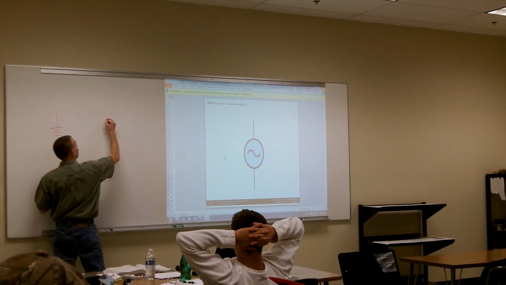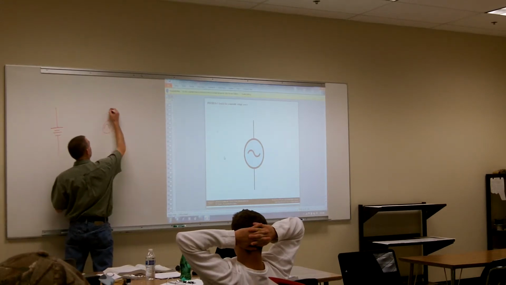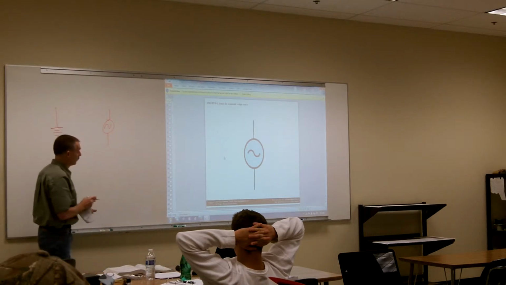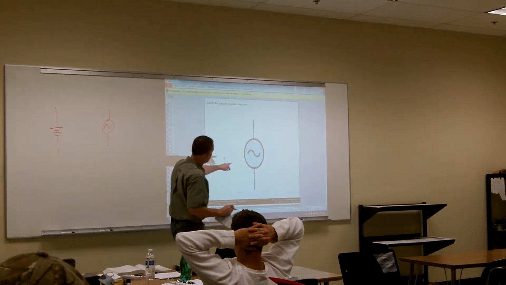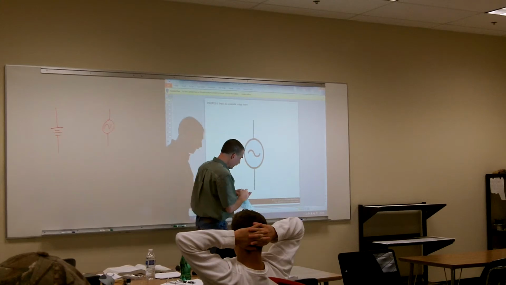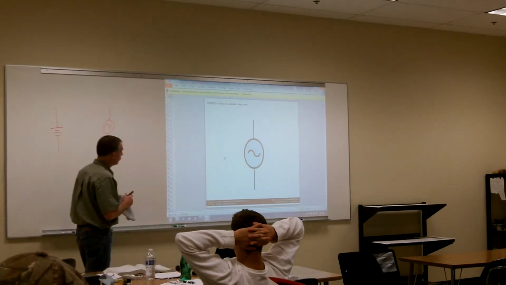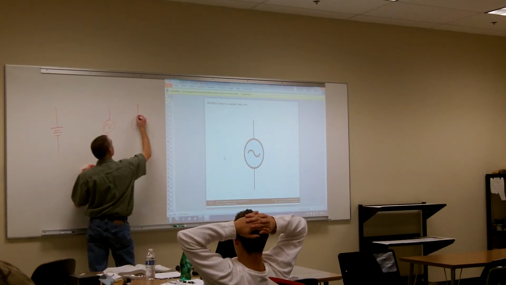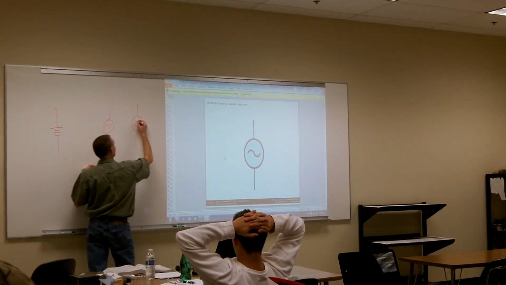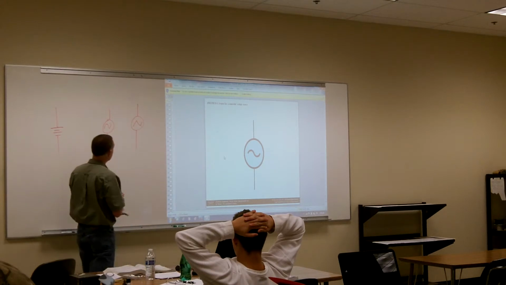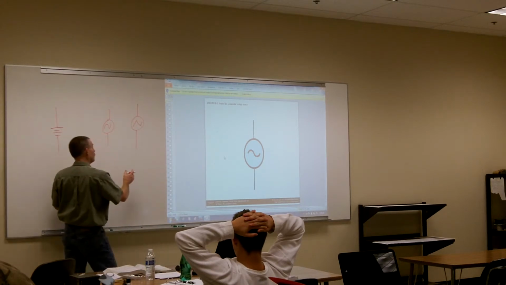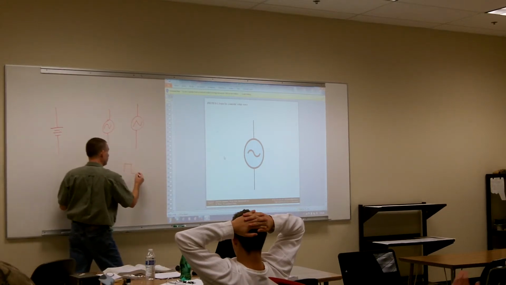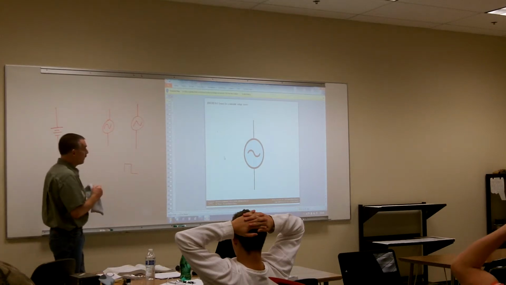Now what our power supply or our AC source is going to look like is just a circle with a representation of the sine wave on there. If we want to have a triangle wave, then you'll see that in your diagram. It'll show you that it's a triangle wave. Or if it's a square wave, you'll see the square wave in there.